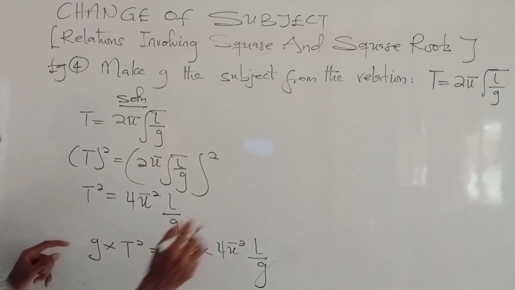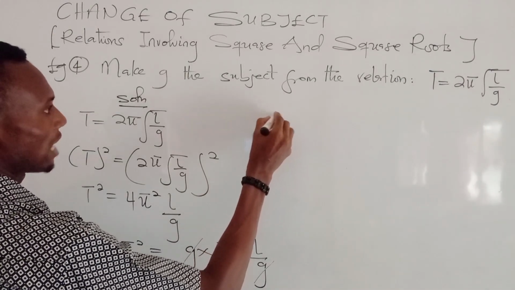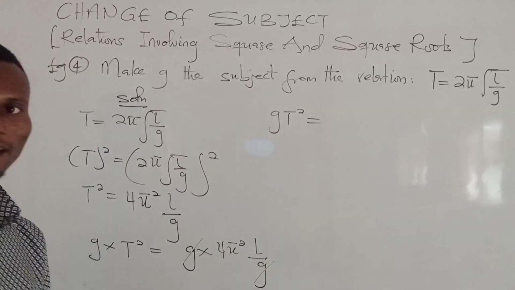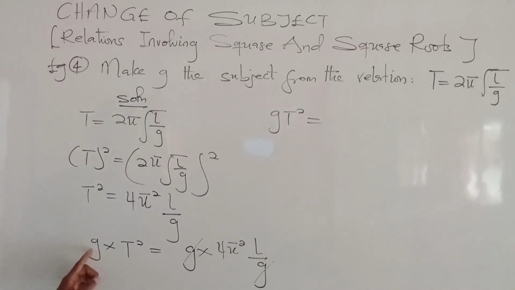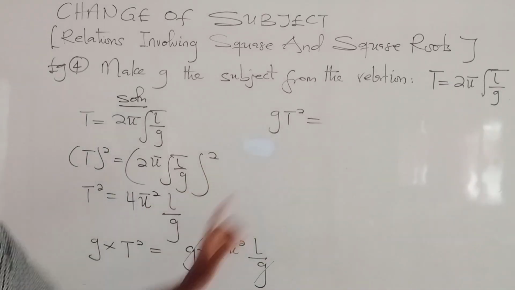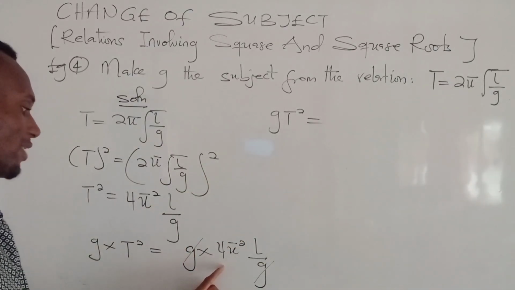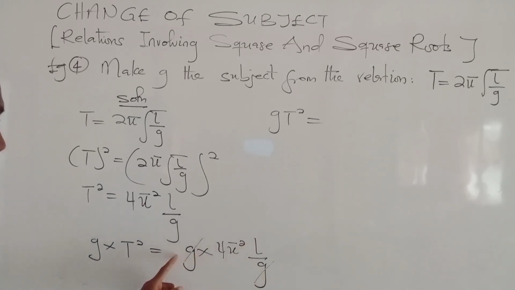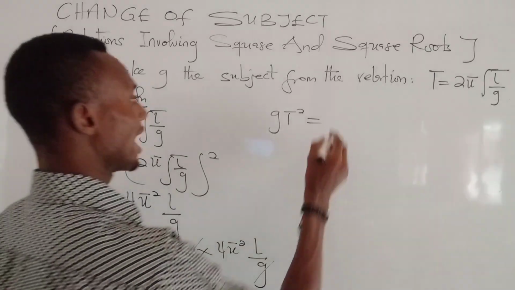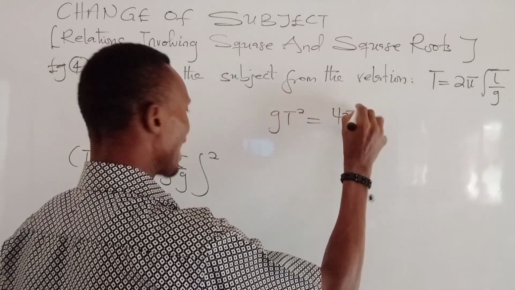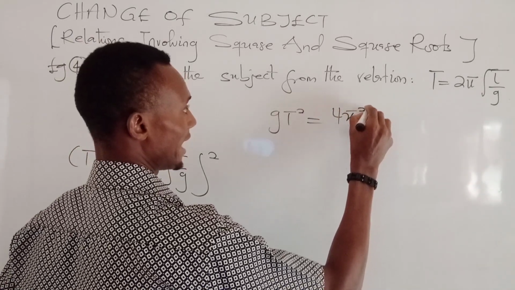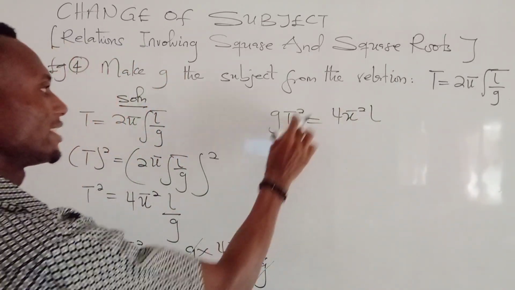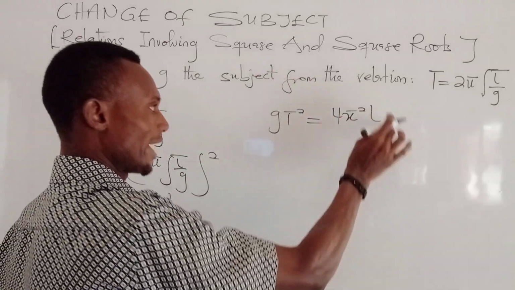G times T squared gives us G T squared. So I have G T squared equals to, what I have left here is 4 pi squared L, because this G and this G have cancelled away. So I have G T squared equals to 4 pi squared L.